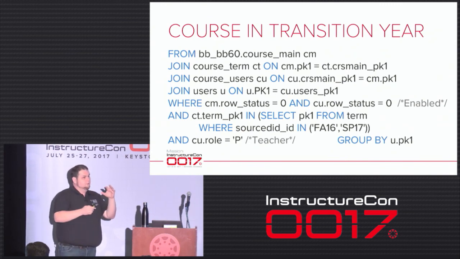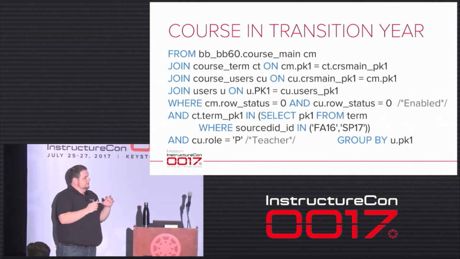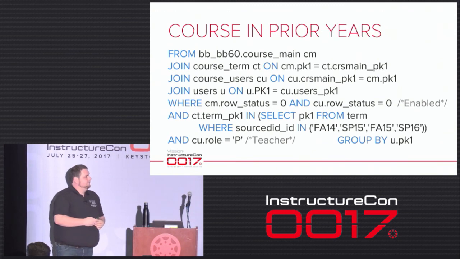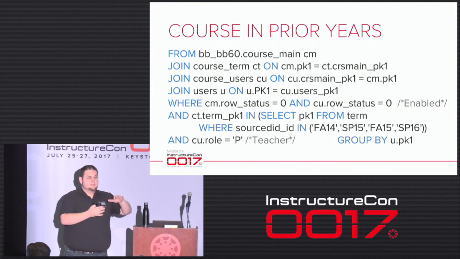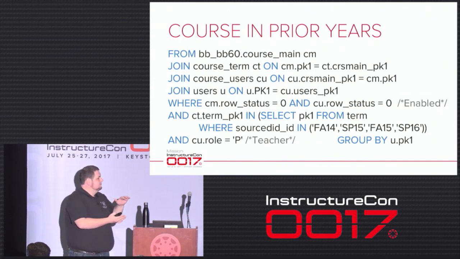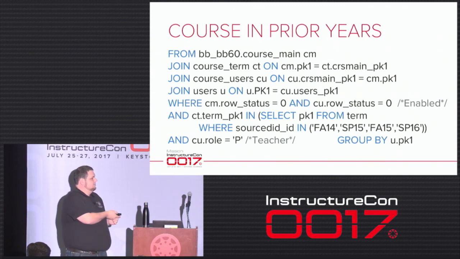So that's one subquery that's going to go into finding these non-adopters in Blackboard. Basically, exactly the same query is used in another subquery, but specifying that the semester terms have those codes.